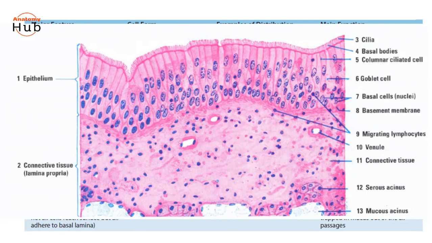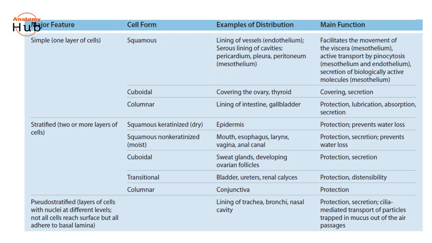Epithelial tissue is innervated, that is, it has its own nerve supply, and epithelial cells have a high rate of cell division, which allows the epithelial tissue to continually renew and repair itself by sloughing off dead or injured cells and replacing them with new ones.